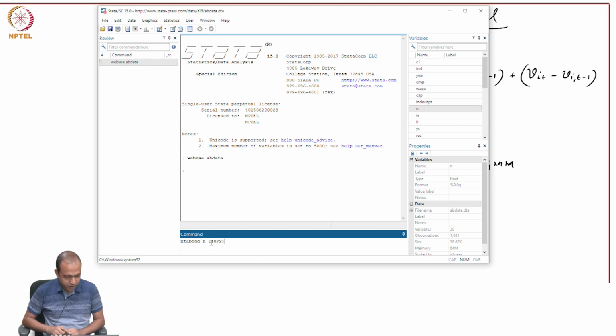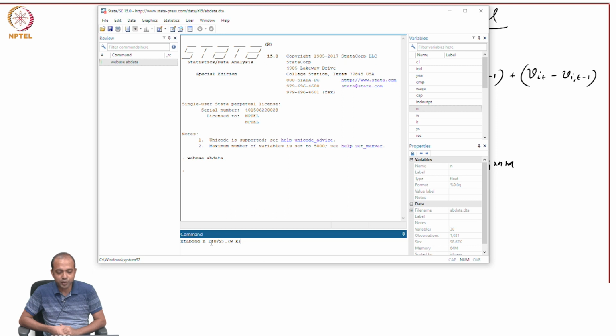We are taking wage and capital, these two are my exogenous variables. We consider only lag of the dependent variable.